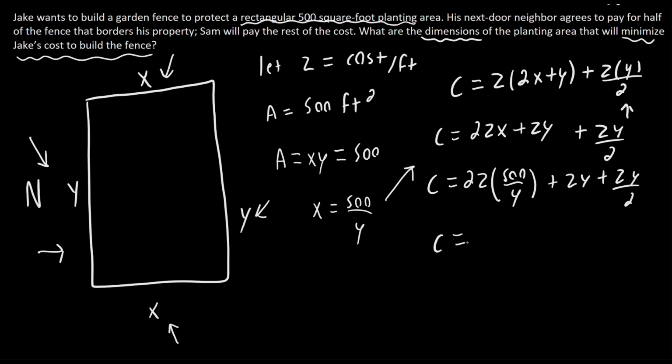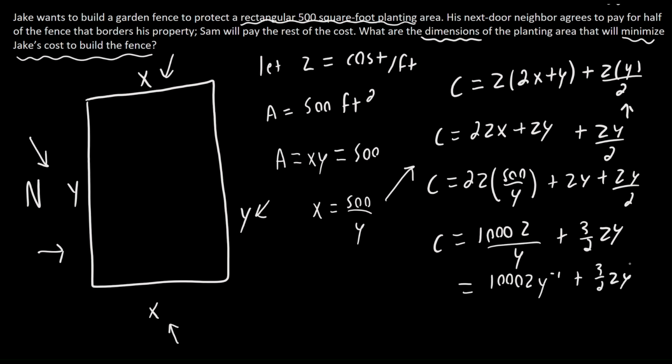And we could just simplify. So we're going to get 1000z over y plus 3 over 2 zy. And we're just going to bring this y to the top: 1000z y to the -1 plus 3 over 2 zy.